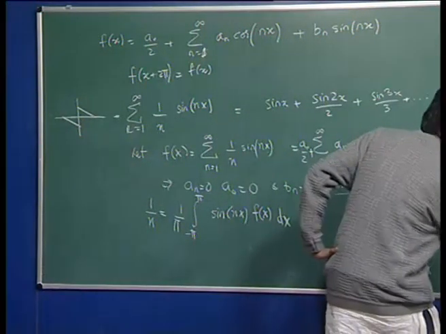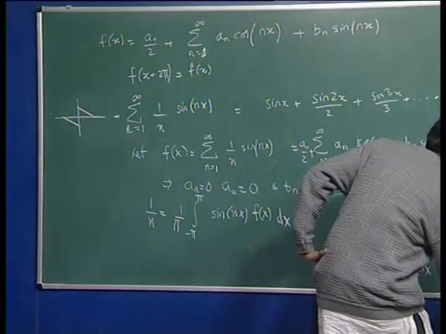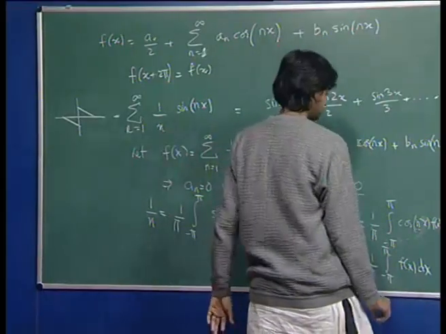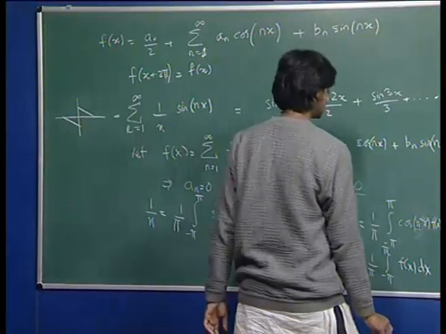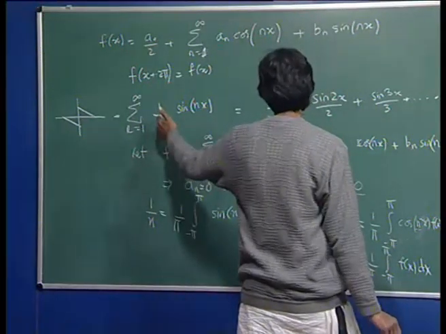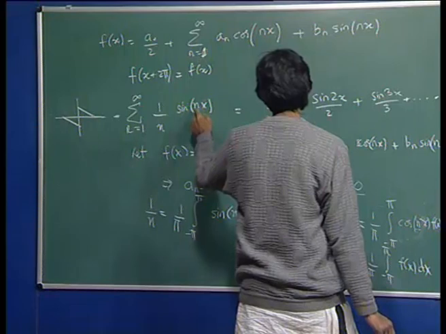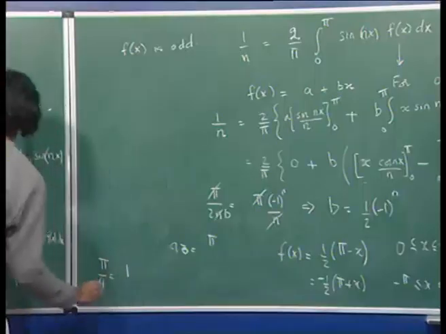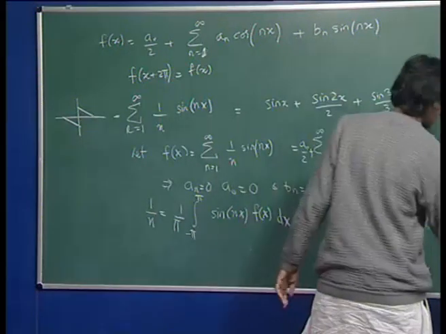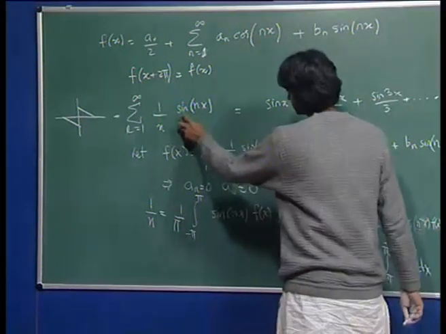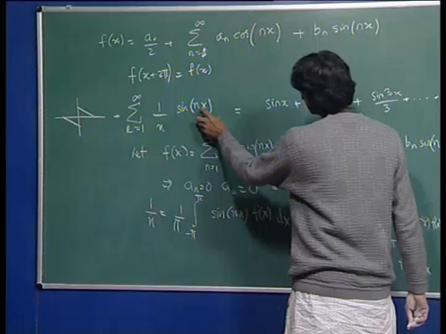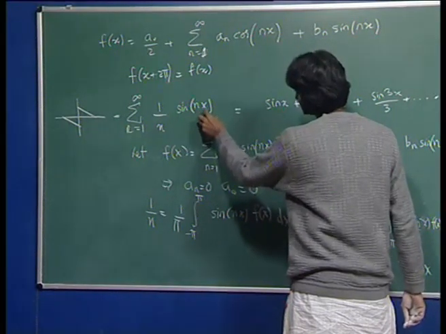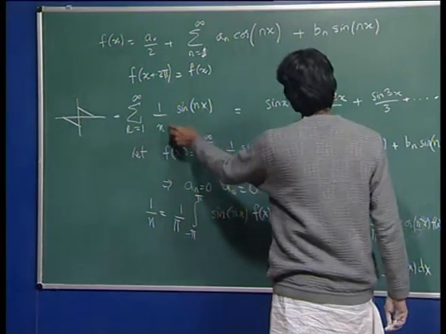You can write, so pi by 4 is equal to, now I will write this sum explicitly to make things clear. So when n equals 1, you get 1 into sin pi by 2, that is 1. So this becomes 1. Now when n equals 2, this becomes sin pi, and sin pi is 0, so you get 0.